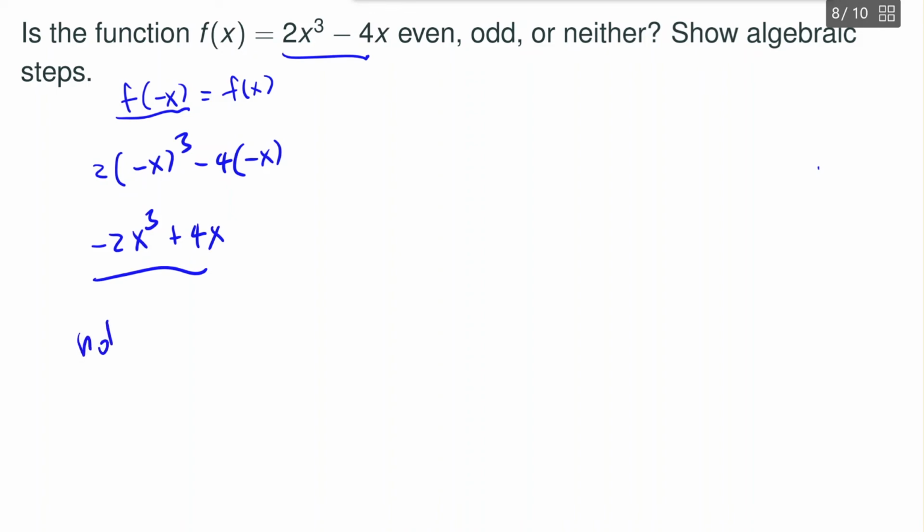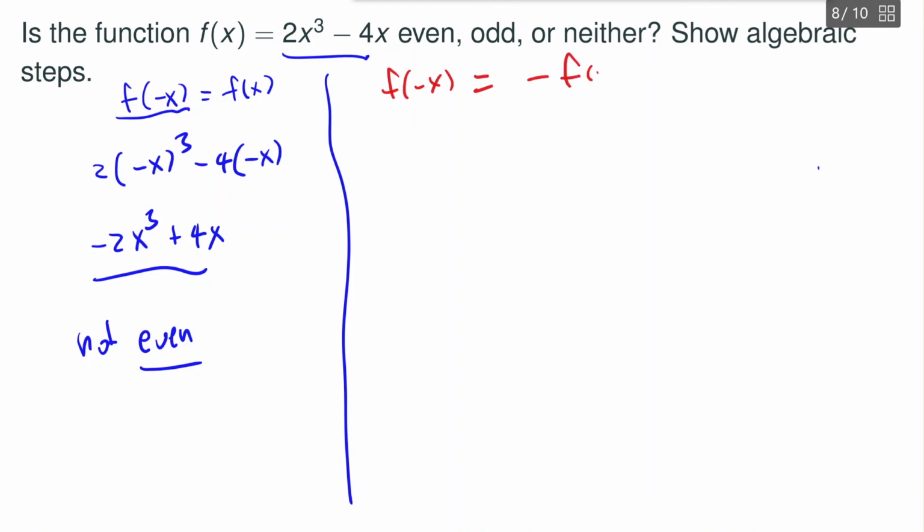So not an even function. But then let's check odd. In order to be an odd function, f of negative x must be the same thing as negative f of x. We already found f of negative x to be, right here, negative 2x cubed plus 4x.